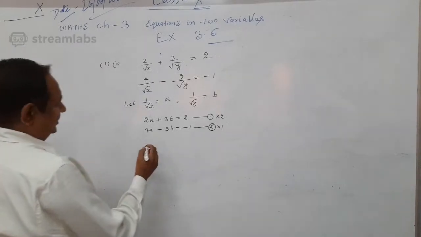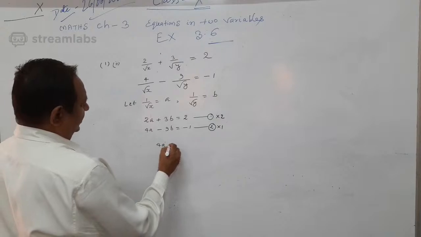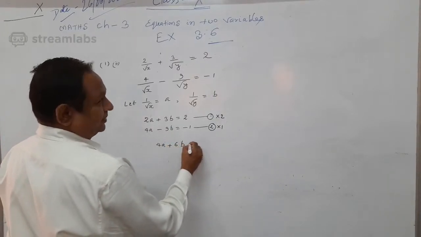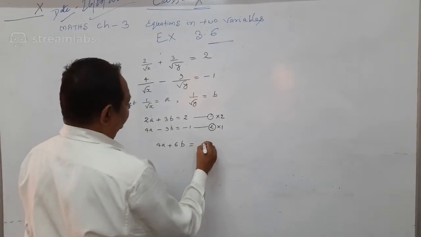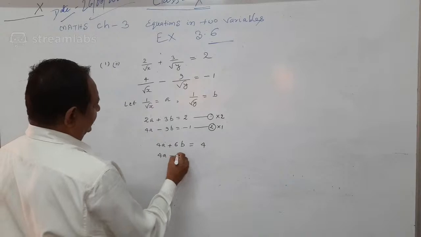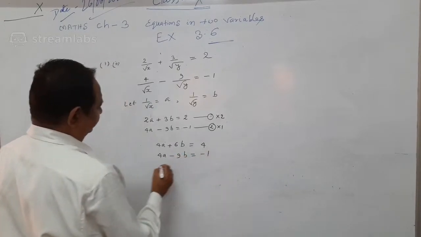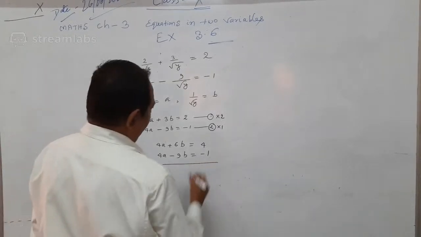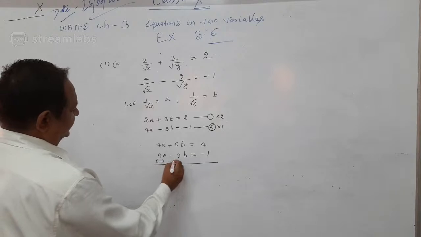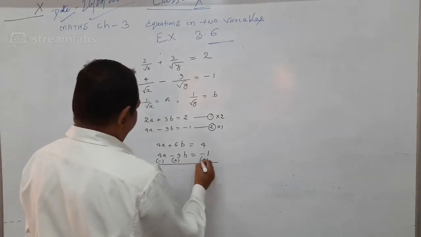So this can be written as 4a plus 6b is equal to 4, and 4a minus 9b is equal to minus 1. Subtract second from first. So there will be a change in sign.